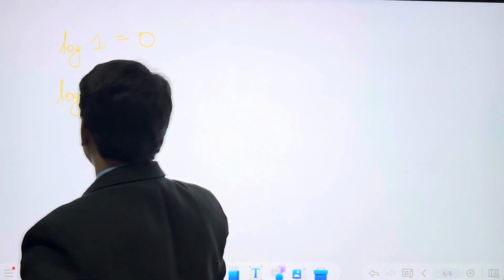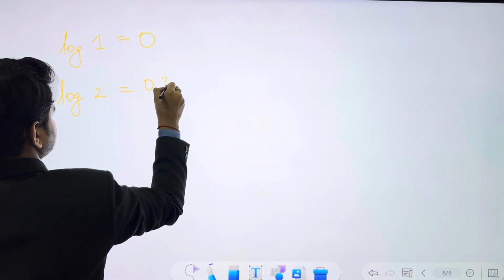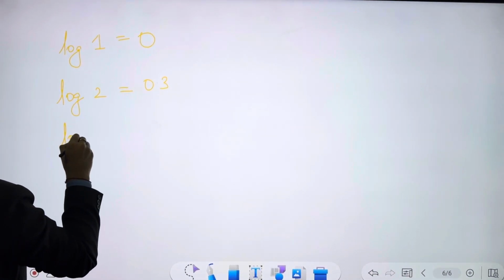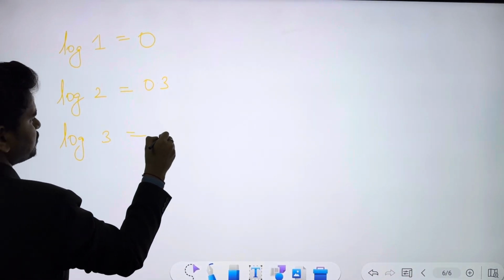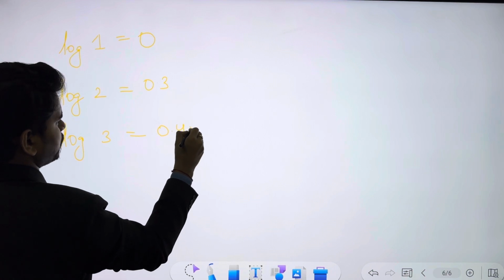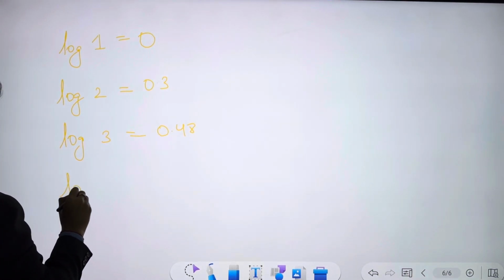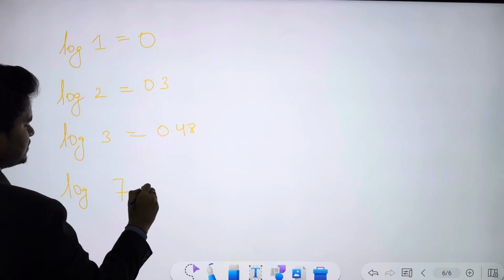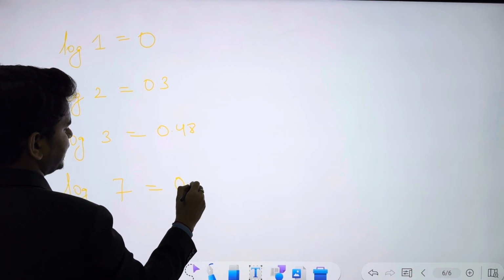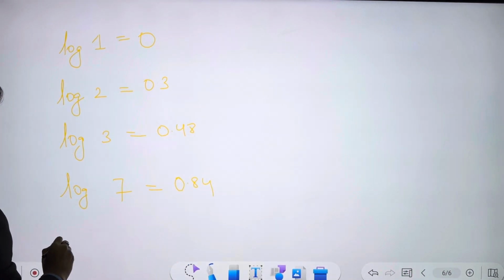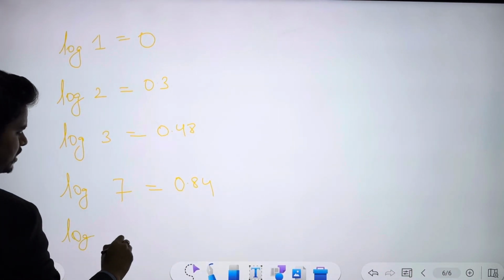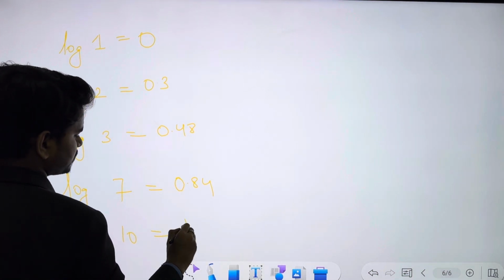So the value comes out to be 0.3. And log 3 is 0.477, or you can say 0.48. And log 7 is 0.84. And log 10, you just found out, is equal to 1.